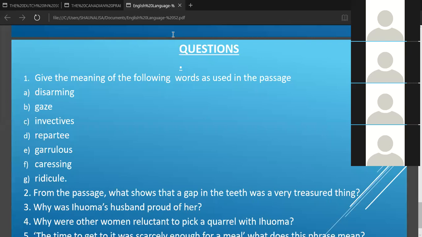So anyone with a dictionary nearby who can give us the meaning for gaze? Look at someone for a long time. It says, look steadily and intently, especially in admiration, surprise, or thought.